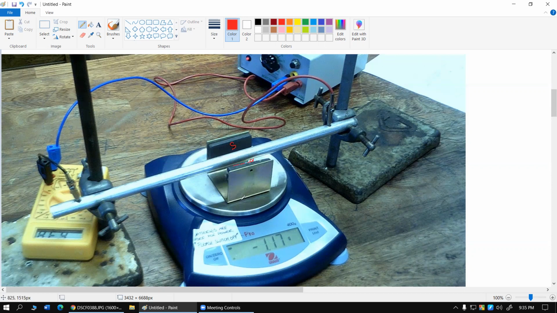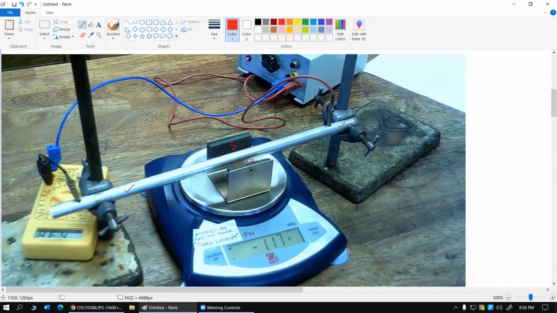This whole thing is placed over a digital balance, a weight measuring balance. And then in between, inside the magnetic field, we place a pretty large conductor. This has to be a sturdy, strong metallic rod type of conductor, not a wire.